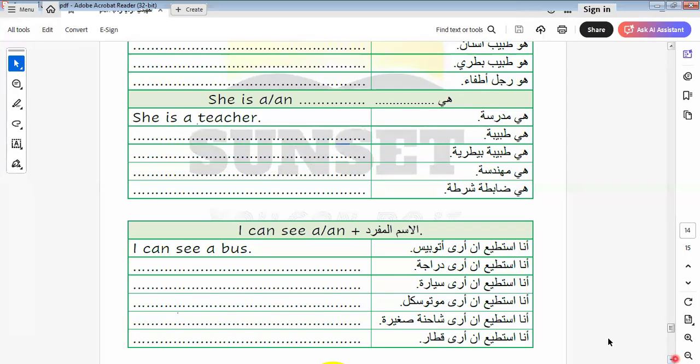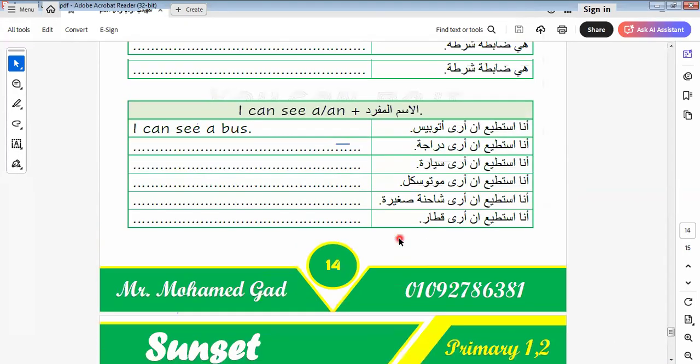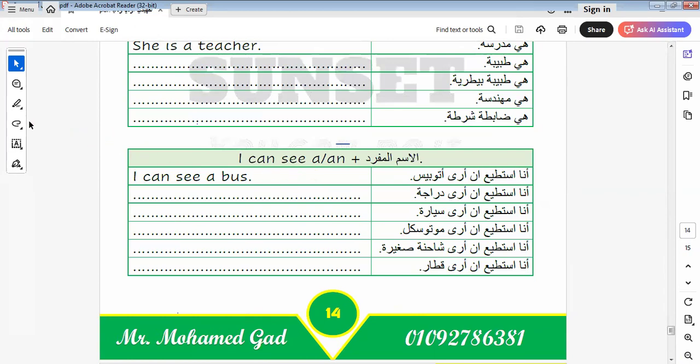Let's go to another one here. Here we say, I can see. Here's the expression of I can see a or an. I can see a bus. So when we say I can see, it means I use my what? I use my eyes. I can see a bus. I can see a bike. I can see a car.